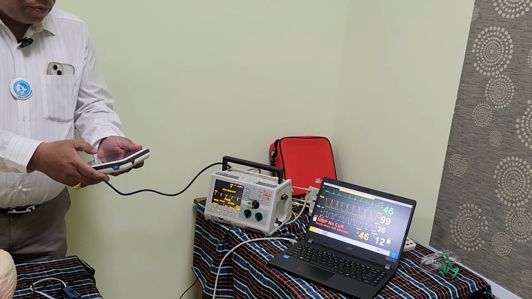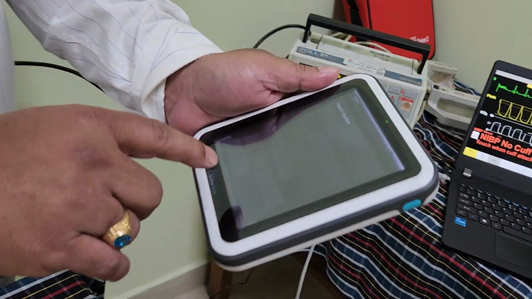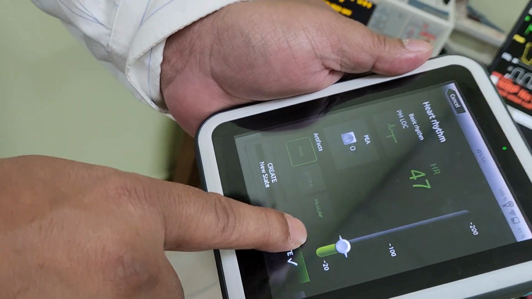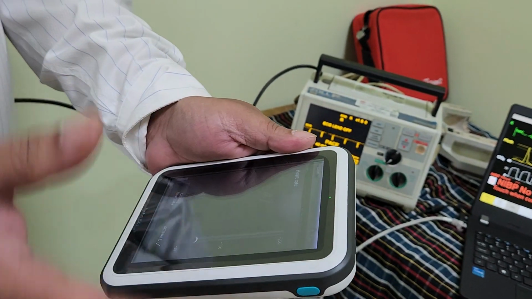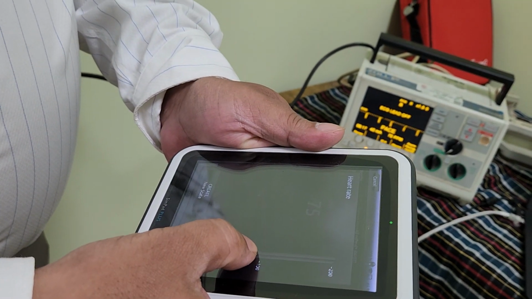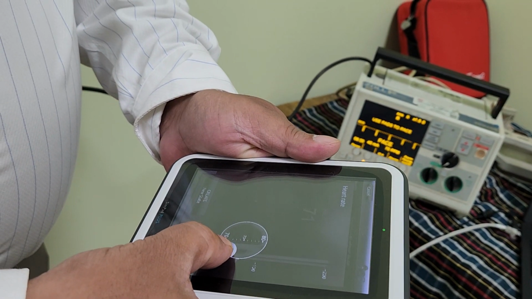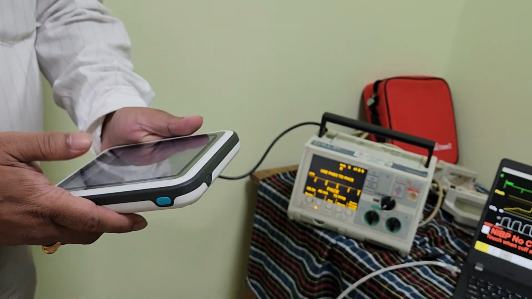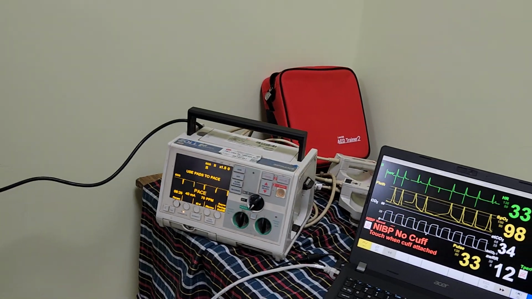You can see there is something called the PM lock in the sim pad. The instructor should press the PM lock, activate it, increase the rate to the set pacing rate, that is around 70, and activate it.